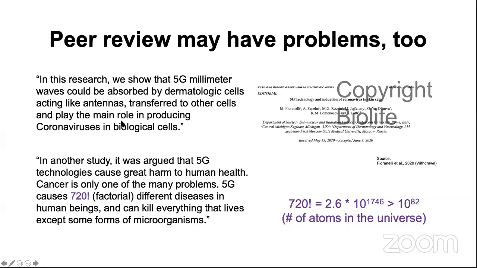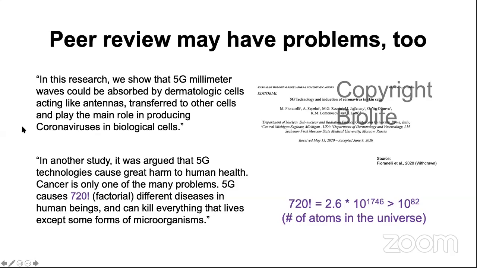But basically, this paper says that we show that 5G, so cell phone signals, can be absorbed by dermatologic cells or skin cells, acting like antennas, and transfer to other cells and so on, and produce coronaviruses in biological cells.